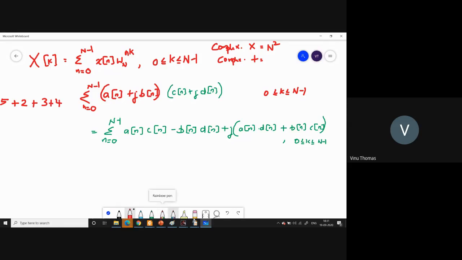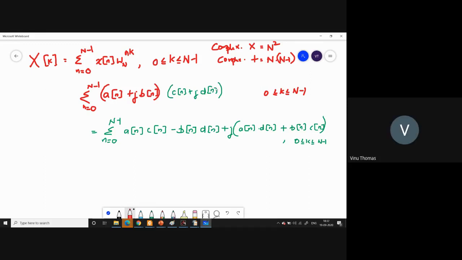Likewise, if you have n terms, you have n minus 1 additions. So the number of additions is n minus 1 for one term, and there are n such terms. So what is the total number of complex additions? N into n minus 1. Is it understood? Okay. So there are n into n minus 1 complex additions.